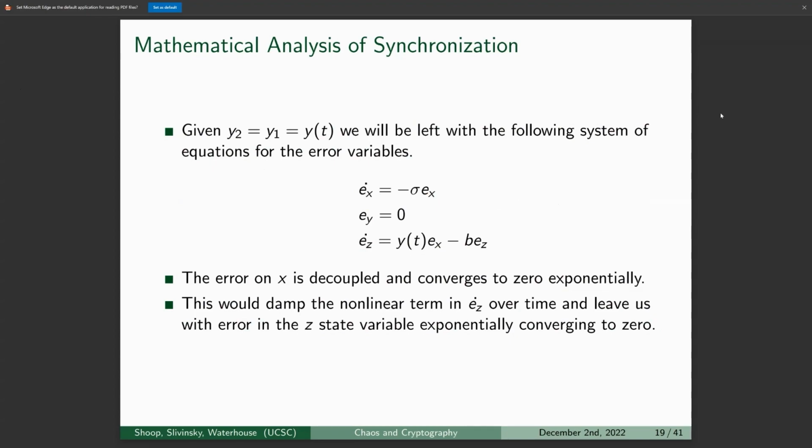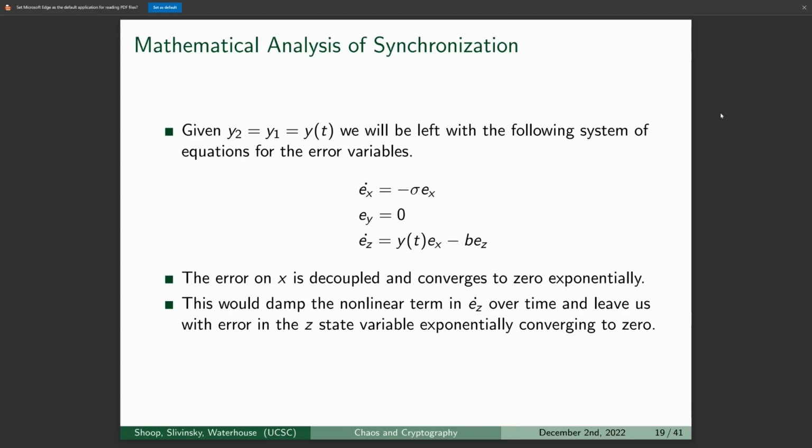And so when we take the error system involved with this scenario, we have E dot sub x is equal to negative sigma E sub x. E sub y will be 0 because y2 minus y1 will be 0. And then E sub z dot will be equal to y of t E sub x minus b E sub z.